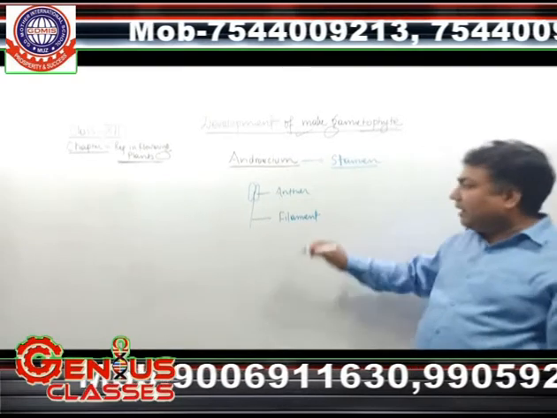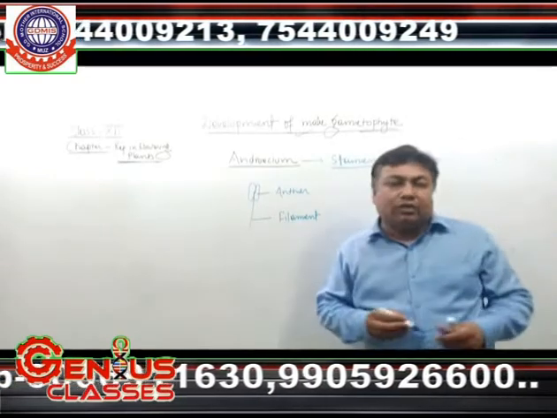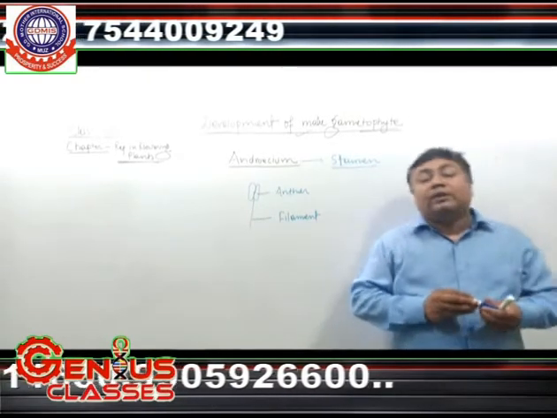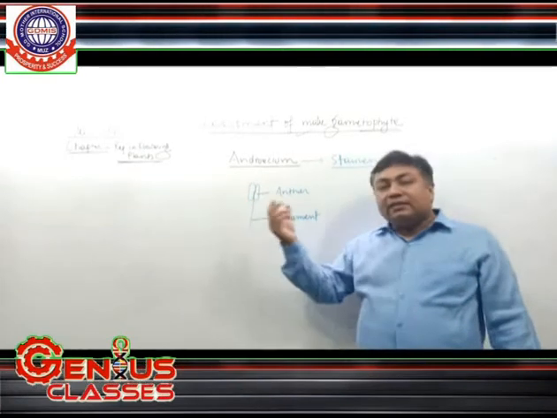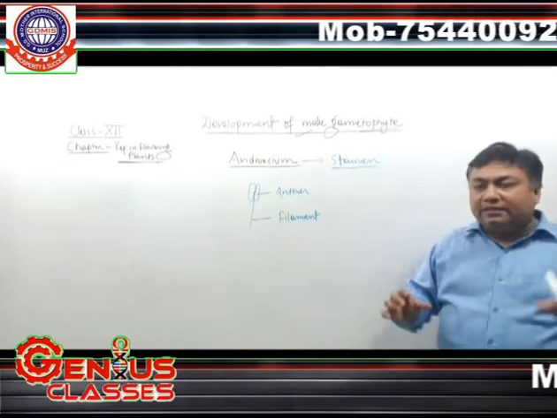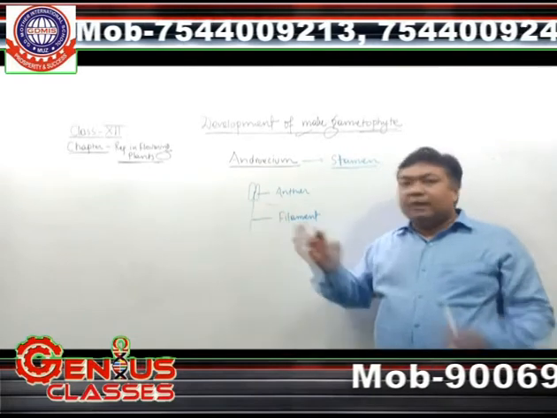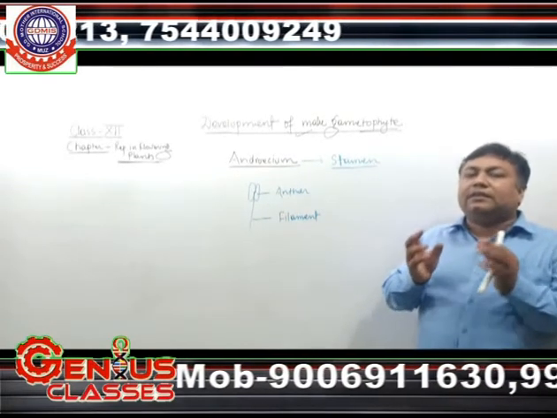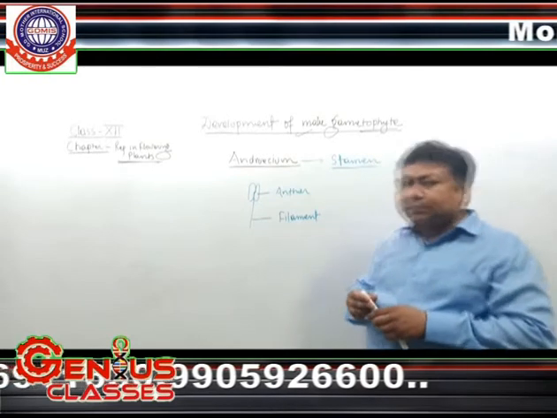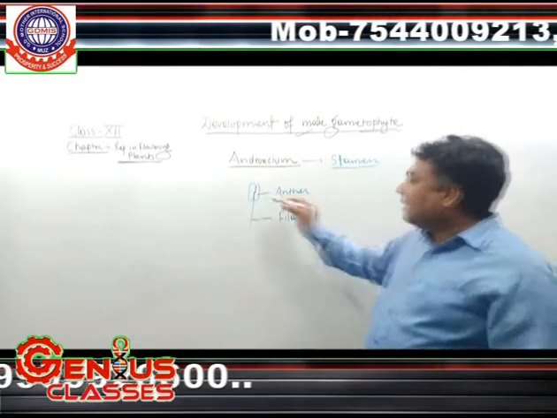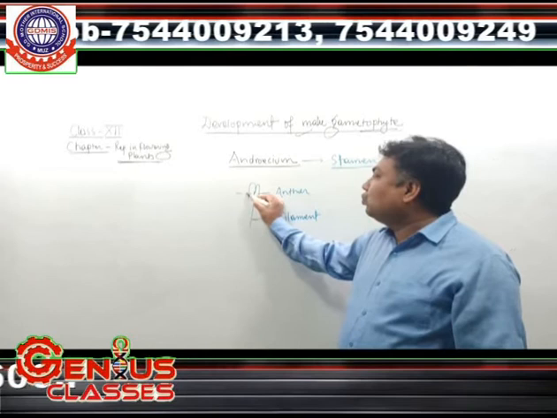When we get the transverse section of the anther, we can see with our eyes that it is divided into two parts. It is dithecous, or bithecous, two thecae, and each theca has two lobes.